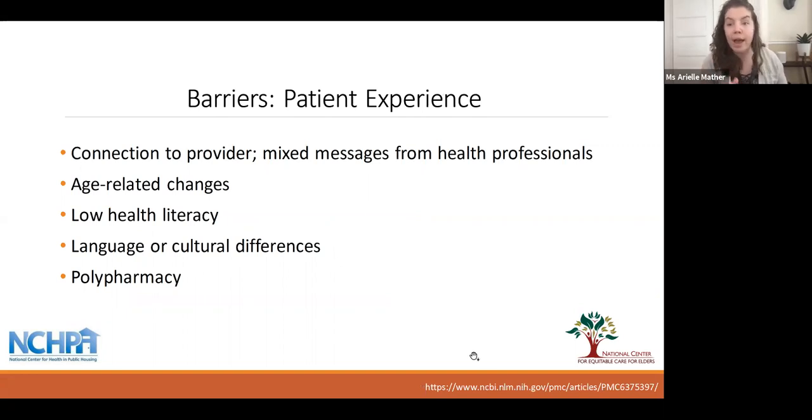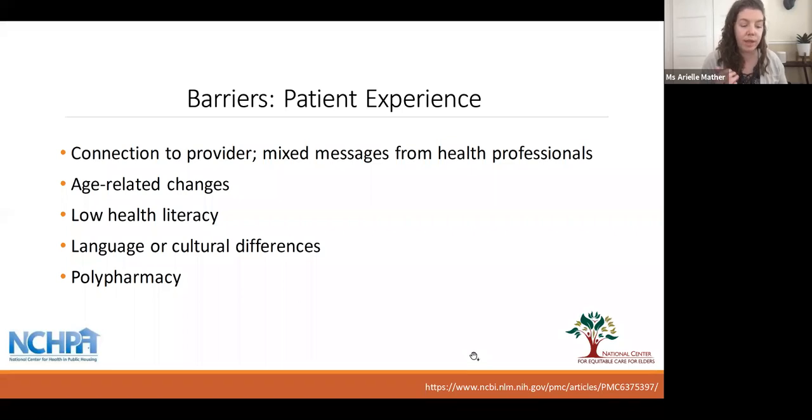The article I have linked in this slide discusses the importance of understanding the experiences both of older patients and healthcare providers when working to overcome barriers to diabetes treatment and prevention. Starting from the perspective of the patient, it's important to consider the relationships they have with their healthcare team. Are they receiving similar messages from each person that they see?